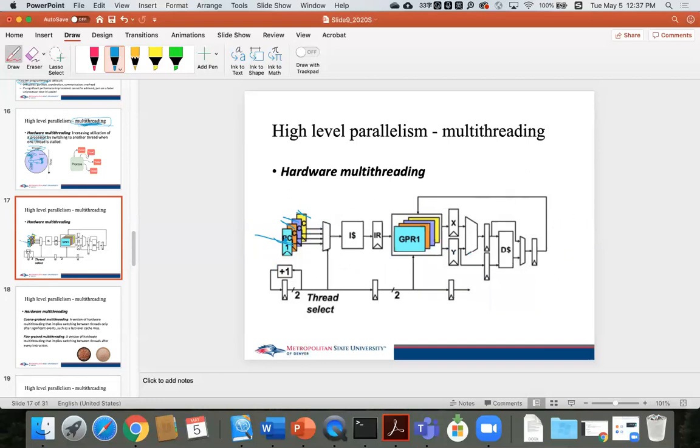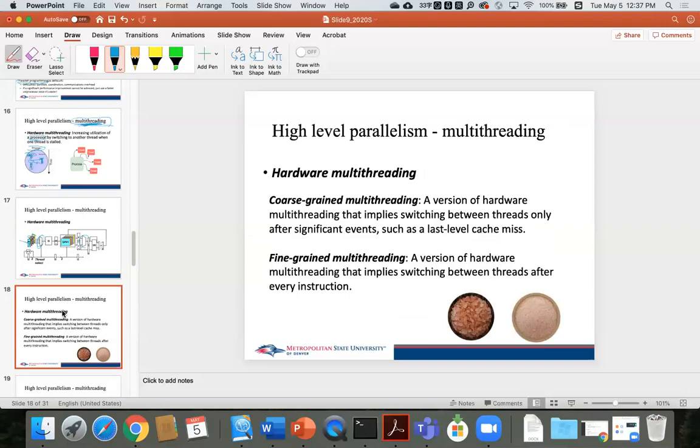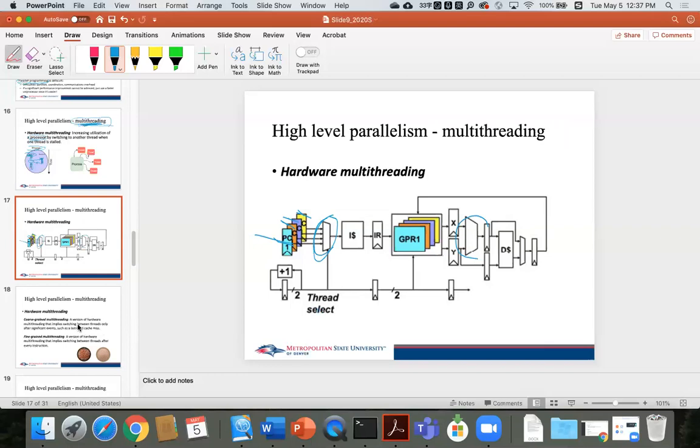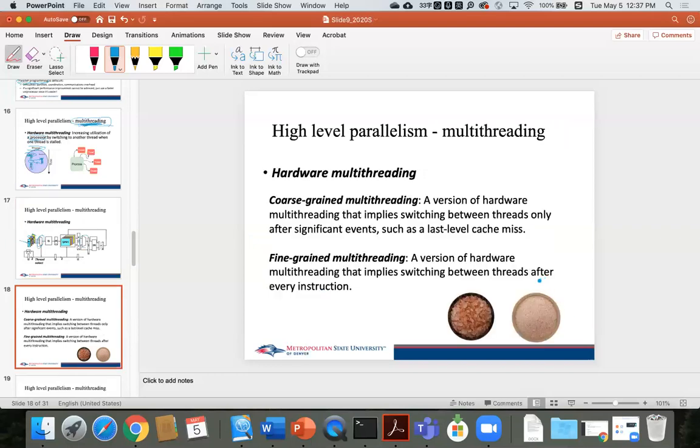They are combined at a certain time and separated by different pieces of hardware, but combined at a certain time as well. I will skip the detailed hardware structure, but I would like to talk about two concepts, two examples of multi-threading. One is called coarse-grained multi-threading, and one is called fine-grained multi-threading.